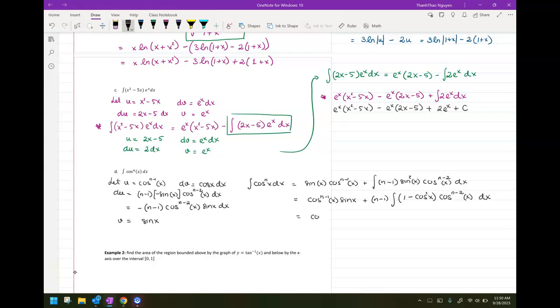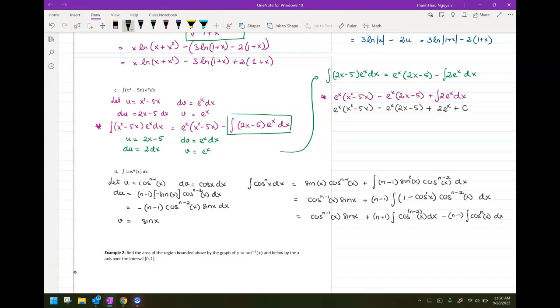So we get cosine to the n minus 1 of x times sine of x plus n minus 1 times the integral of cosine to the n minus 2 of x dx minus n minus 1 times the integral of cosine to the n of x dx.